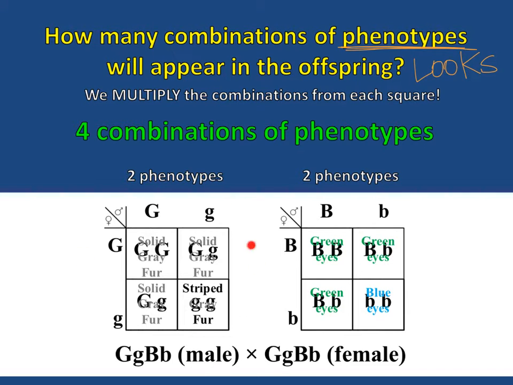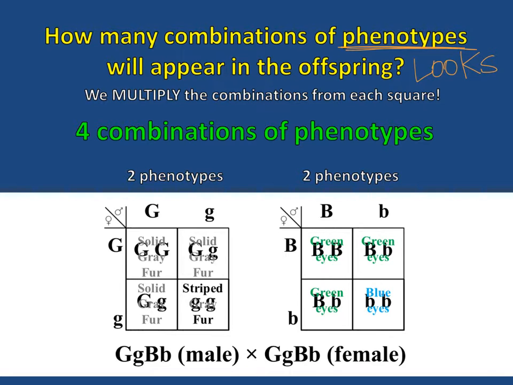So let's look at this Punnett square with the G's. In this Punnett square, there is solid gray fur, solid gray fur, solid gray fur, and a striped gray fur. So there are only 2 different phenotypes in this Punnett square, so I wrote it right there. In this Punnett square, notice there are green eyes and blue eyes. So there are only 2 different phenotypes in this Punnett square.